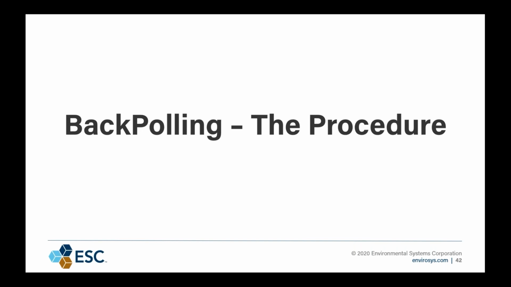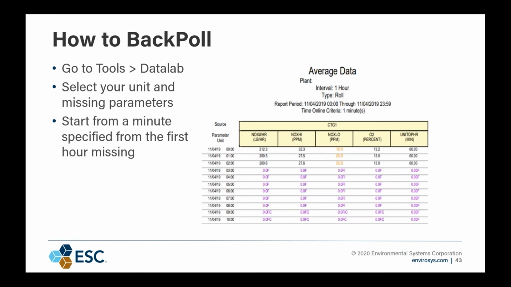So now we're going to run through how to perform the procedure of backpulling your data. As previously stated, if you usually view your data through the average data report, you're going to want to select your unit and missing parameters.